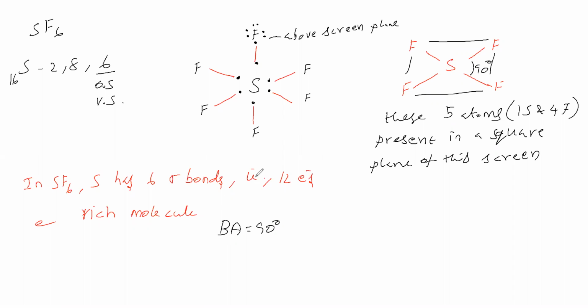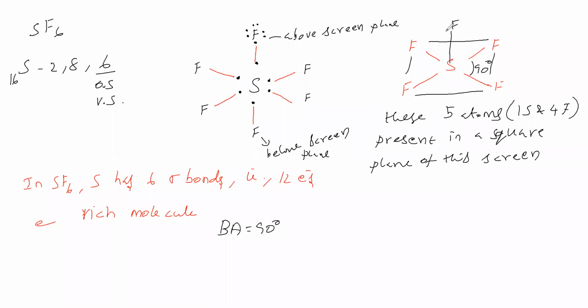So bond angle is 90°. This is present below the screen plane, so it is also making 90° with this square planar, therefore the bond angle is 90° we can say. So one fluorine is present above the screen plane.